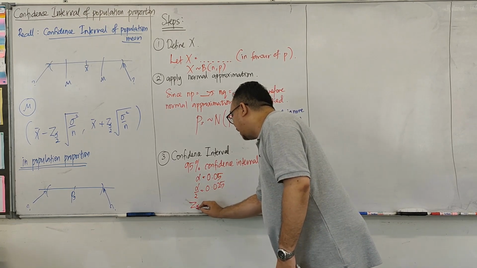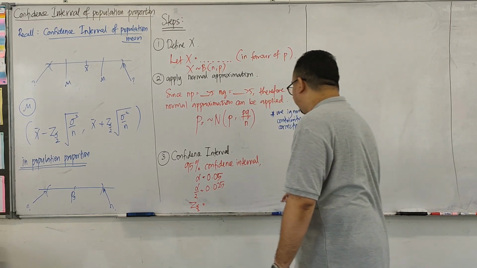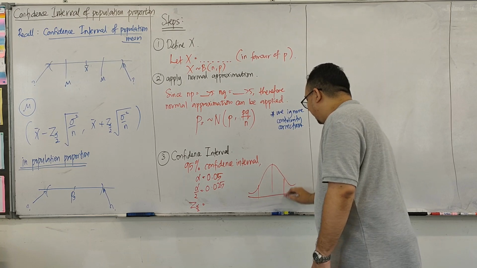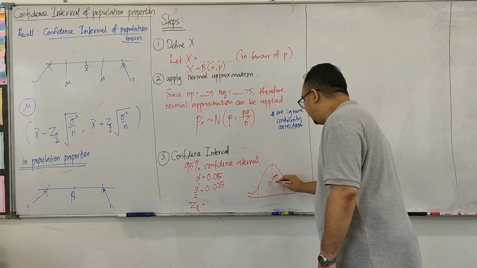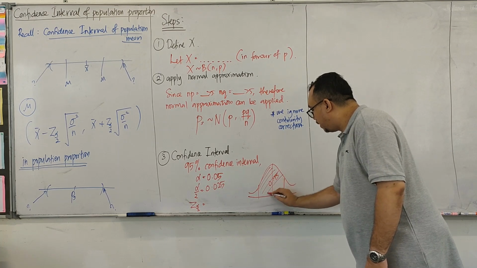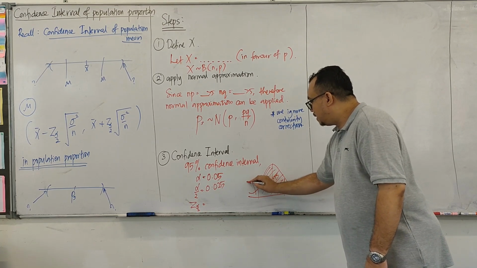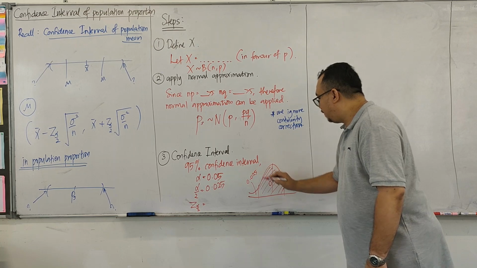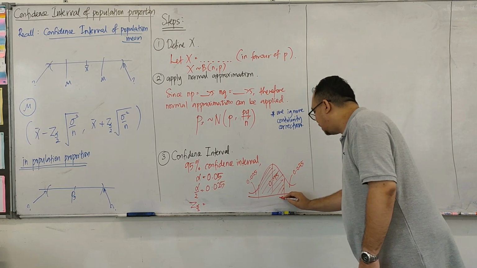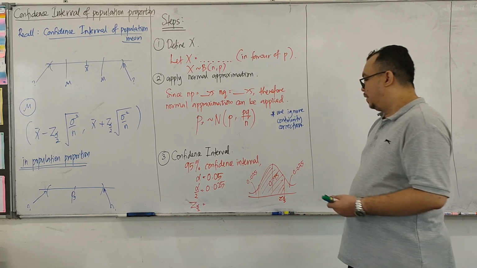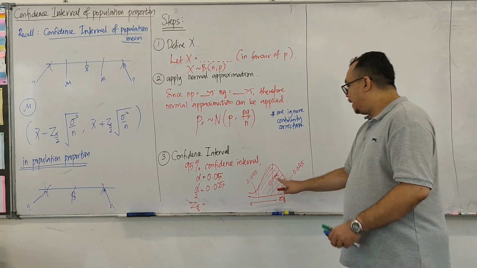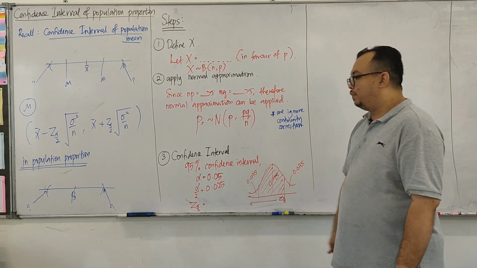Therefore, your z alpha over 2 equals to berapa? So you have to sketch first. Okay, so in the middle is 95%, so 0.95, and then you lower it. So here is 0.025, here is another 0.025. So this is your z alpha over 2. So you refer to your table, critical value 95 plus 2.5.